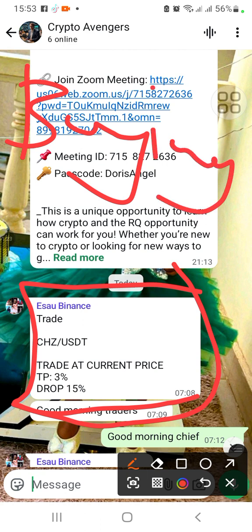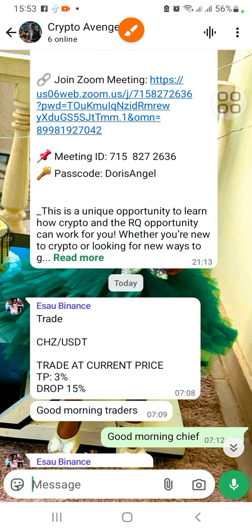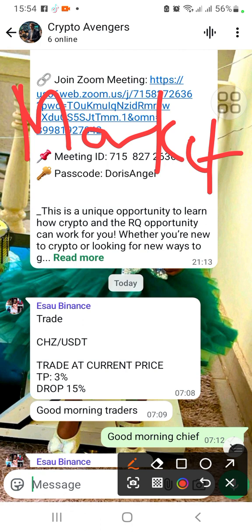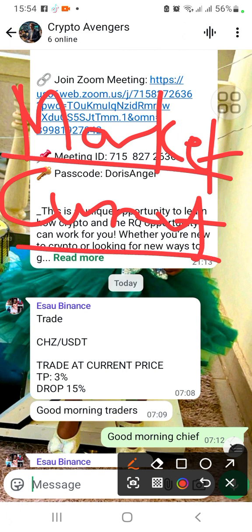You're buying at current price. Or you're going to buy at market price. So market price and current price, they are the same.